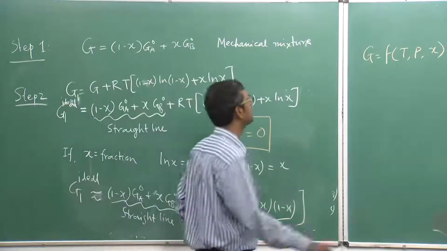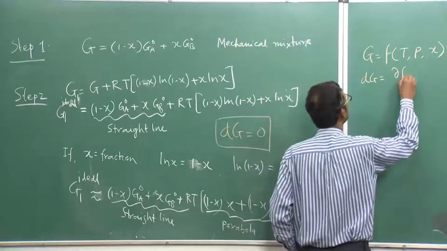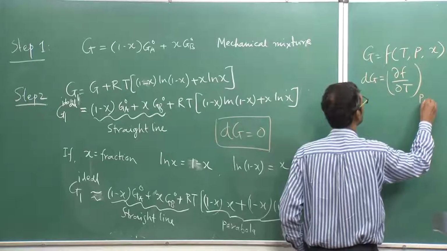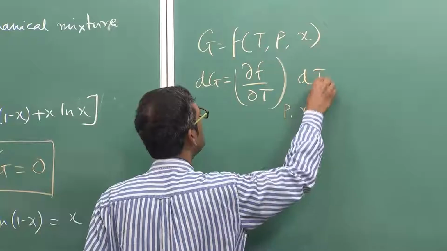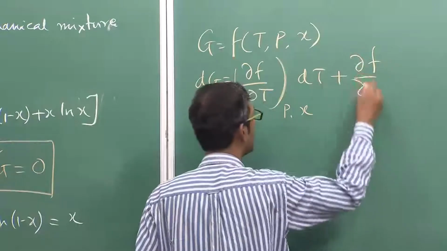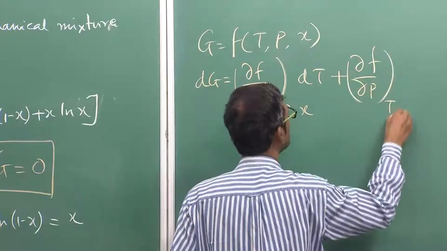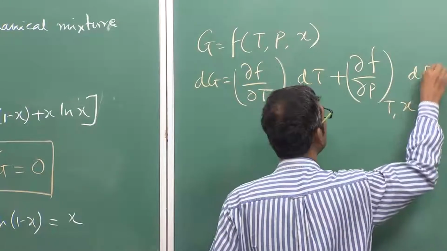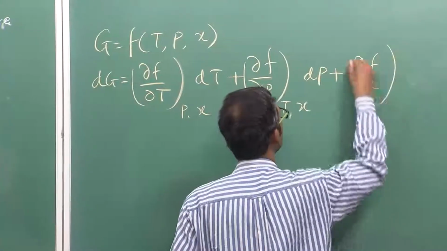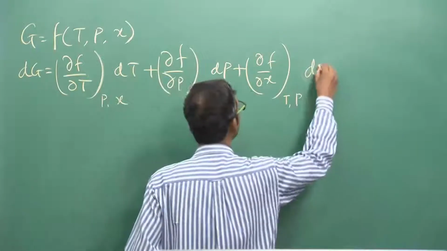So if I take a total differential dG, that is nothing but del G del T at constant pressure and composition multiplied by dT, plus del G del P at constant temperature and composition multiplied by dP, plus del G by del x at constant temperature and pressure multiplied by dx.